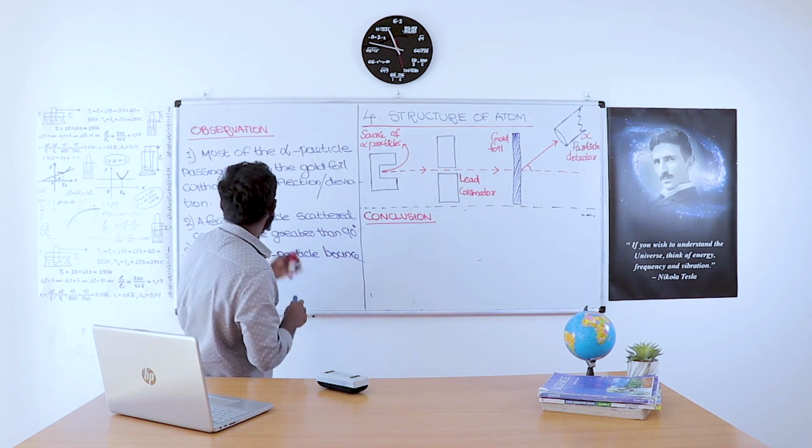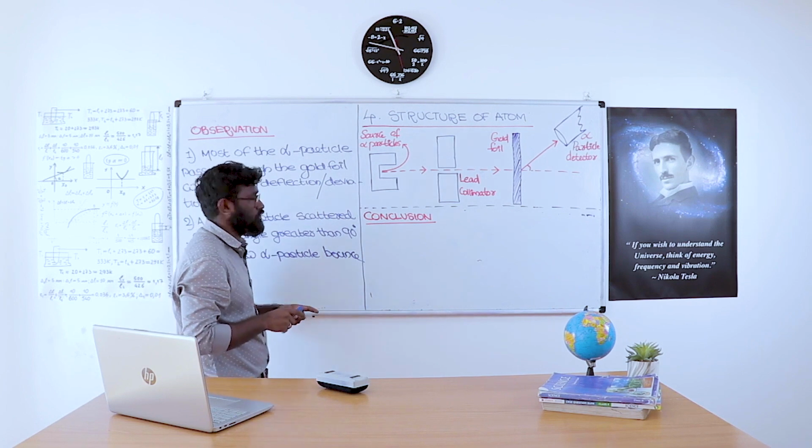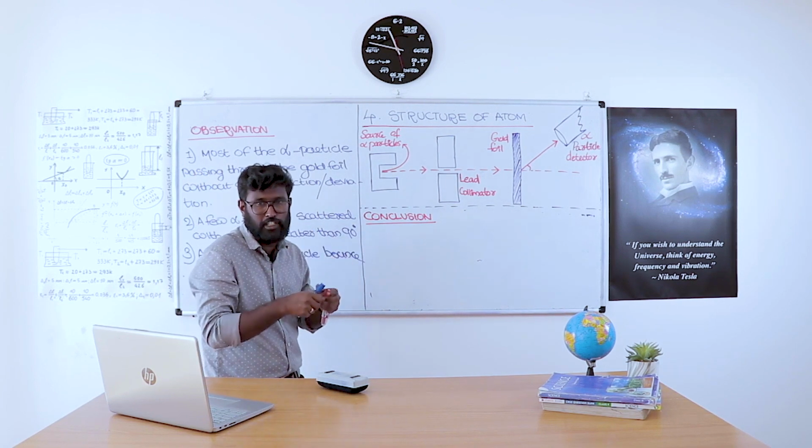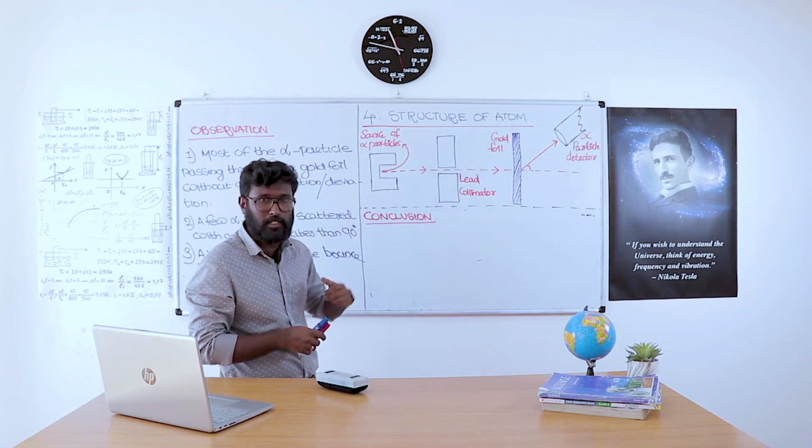The first point regarding the observation is that most of the alpha particles pass through the gold foil without any deflection or deviation. As we know, alpha particles are positively charged particles.